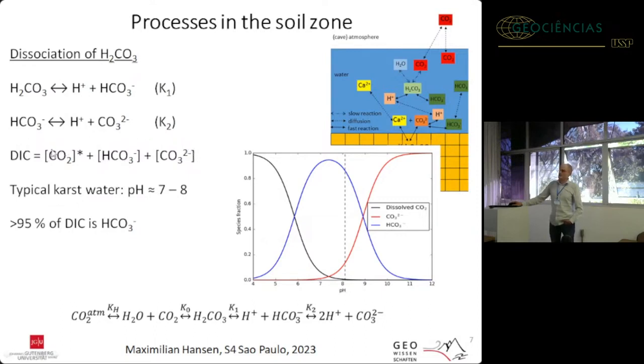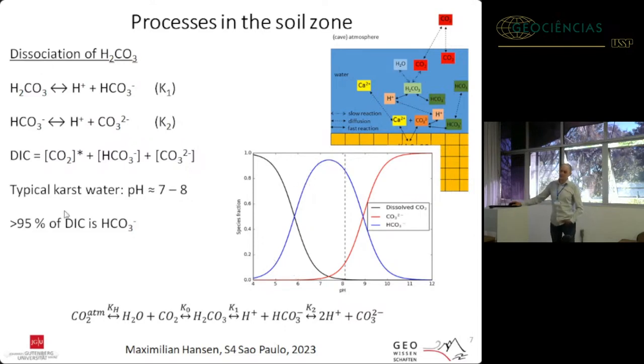Which species is dominant in the solution is strongly dependent on the surrounding pH values. For very low pH values, like acidic water, the dissolved CO2 would be the dominant species. As soon as the pH value rises, the bicarbonate ions will be the dominant species.